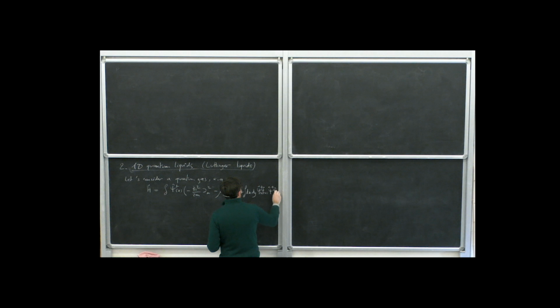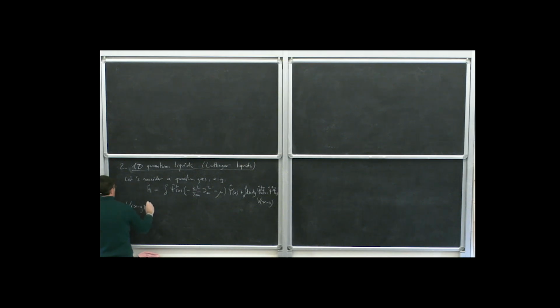You would write something like this: psi dagger at position y, times v of x minus y, where v of x minus y is the interaction potential between two particles. We don't really need to assume anything special about this interaction potential, except for the fact that it has to be local.